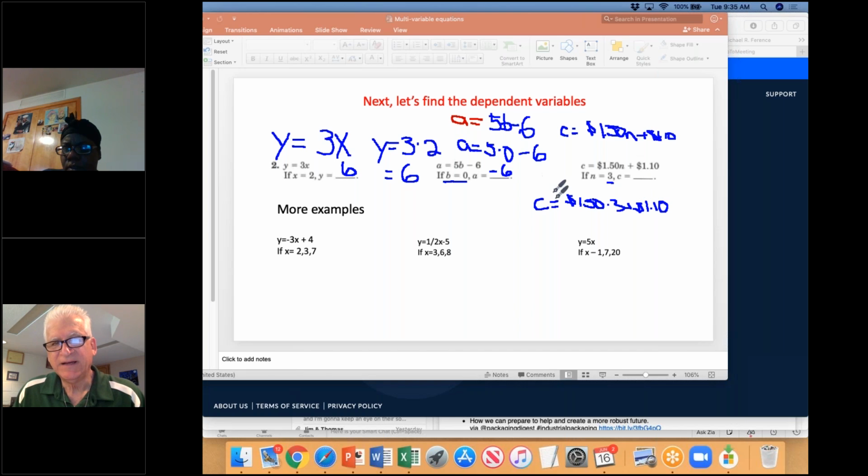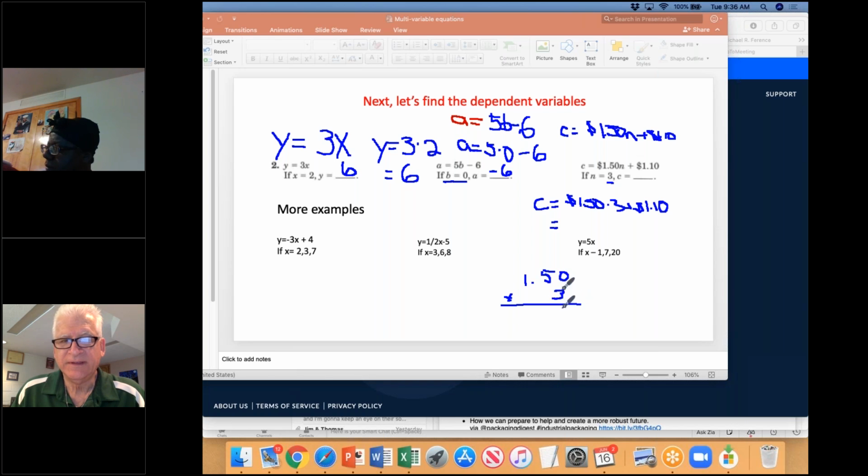Just multiply that out. Do you want to do it on a sheet of paper, or do you want me to? We're going to do multiplication first, right? Correct. So $1.50 times 3.